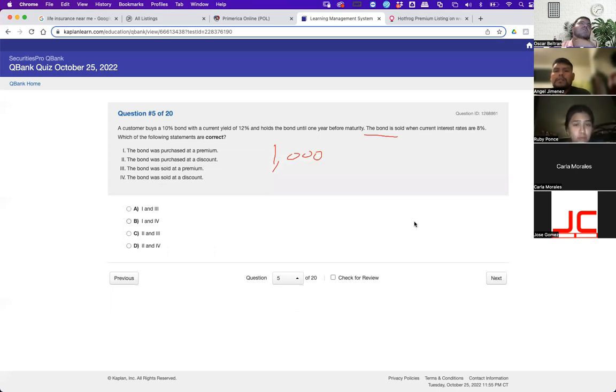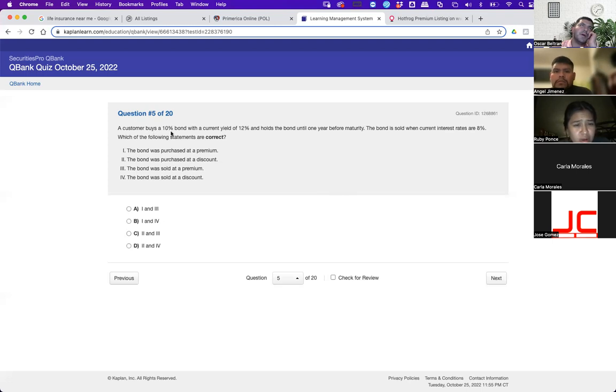All right, a customer buys a 10% bond with a current yield of 12% and holds the bond until one year before maturity. The bond is sold when current interest rates are 8%. Which of the following statements are correct?